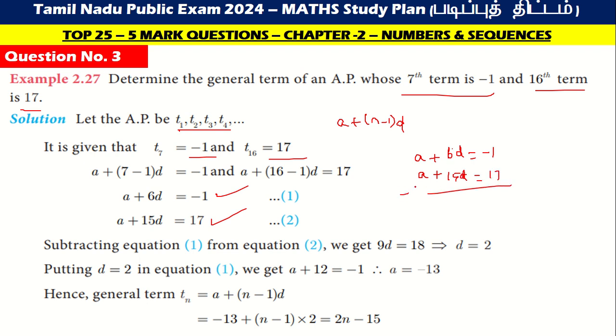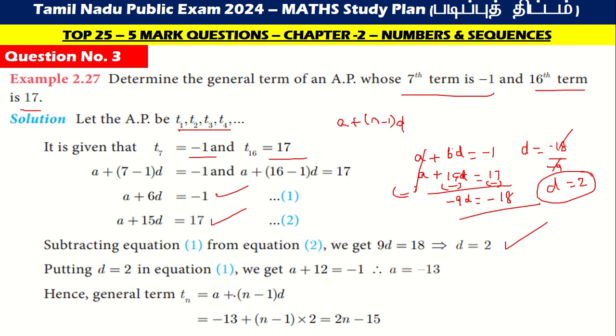Here we subtract, which means a gets cancelled. Then 6d from 15d leaves 9d, and 17 minus minus 1 gives 18. So d is equal to 18 by 9, which is 2. Then substitute that value of d: a plus 12 is equal to minus 1, which means a equal to minus 13.